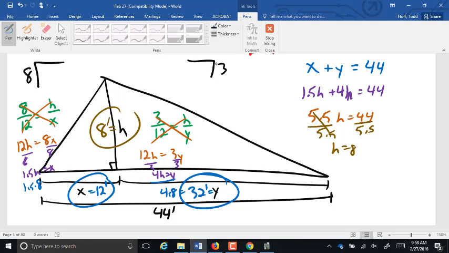If it's a 6, it actually comes out to be a fraction.